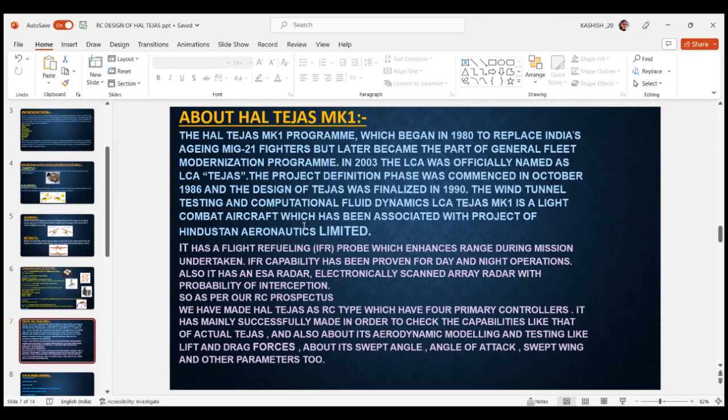As per our RC prospects, we have made HAL Tejas as an RC type, which has 4 primary controllers. It has been successfully made in order to check capabilities like those of the actual Tejas, and also its aerodynamic modeling and testing, like lift and drag forces, swept angle, angle of attack, swept wing, and other parameters.